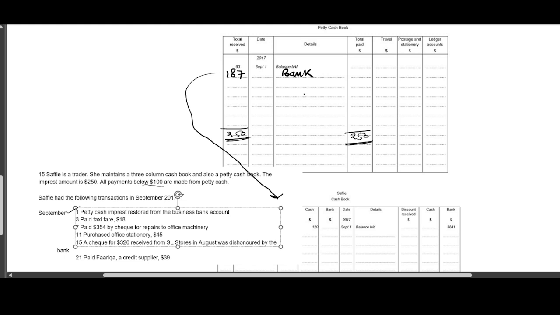After that they gave the transactions, little amounts which are below 100. So taxi fare is there. Then on the 11th there is office stationery.